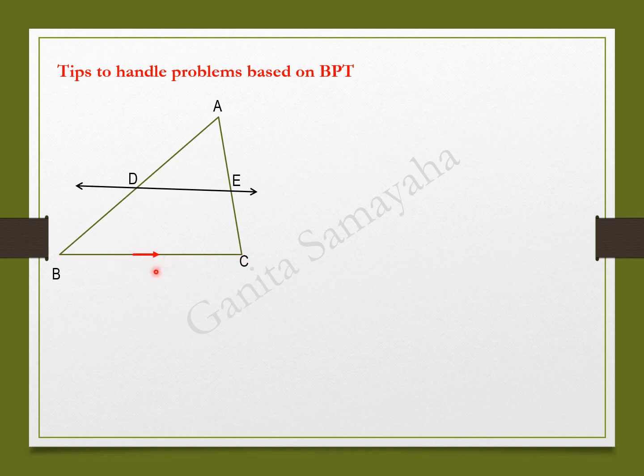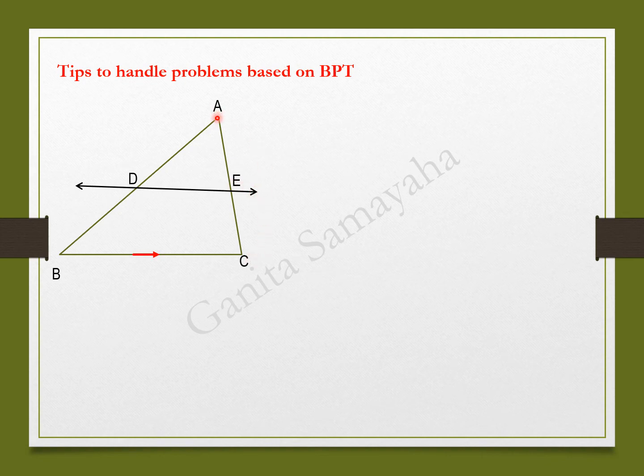In this case, it is very easy. We just take any one of the vertex, and then from there to this point, AD by BD. You can write either BD or DB. It doesn't matter. It's a line segment. It's just the measure. AD by BD is equal to AE by EC.